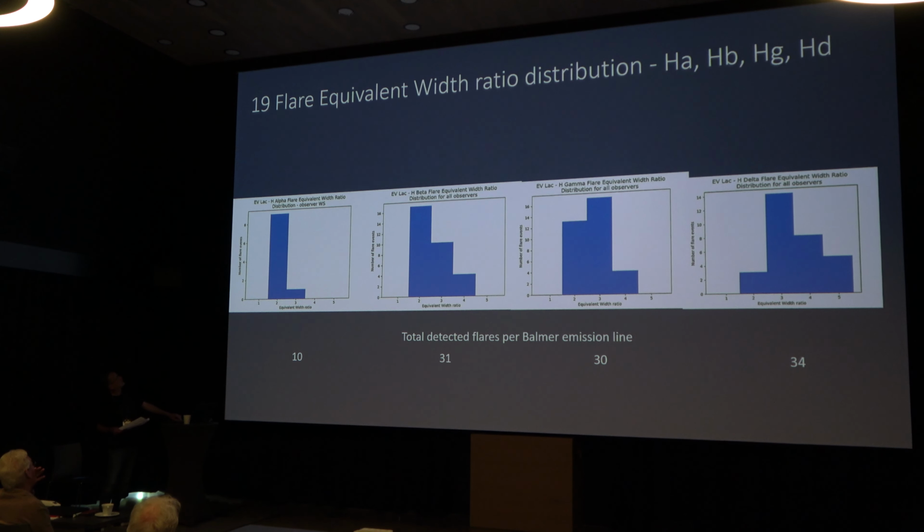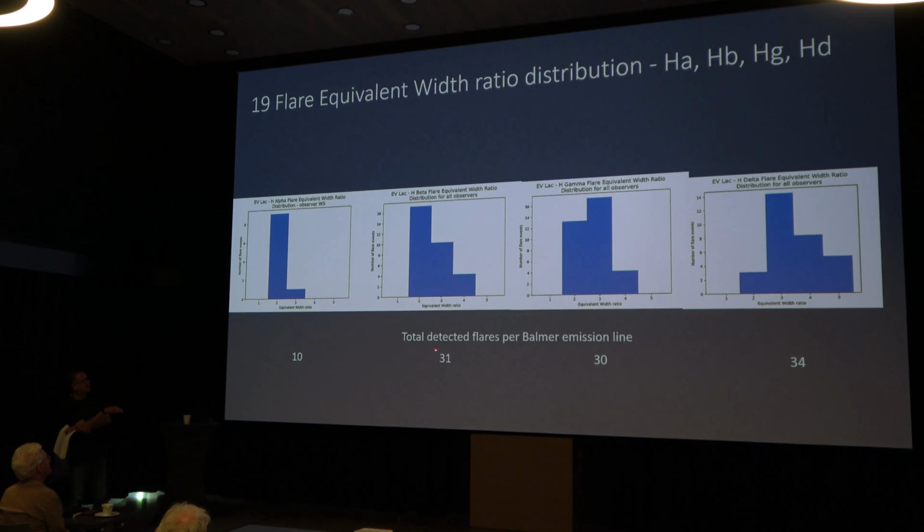And these are equivalent width ratios and distributions for hydrogen alpha, hydrogen beta, hydrogen gamma, hydrogen delta. Total detected flares per hydrogen Balmer line, which puts it into quite nice context. Hydrogen alpha just gives 10.